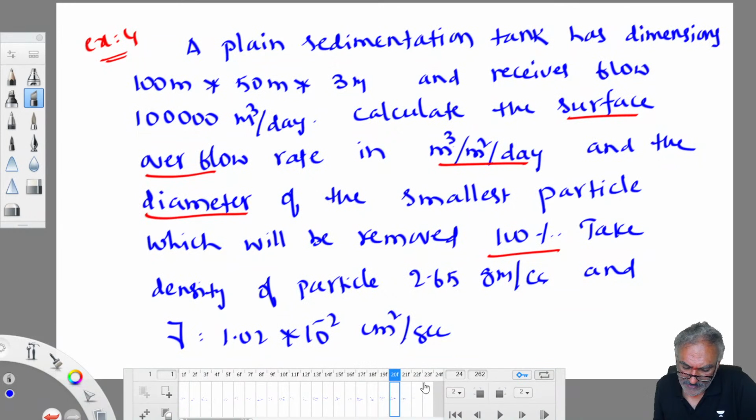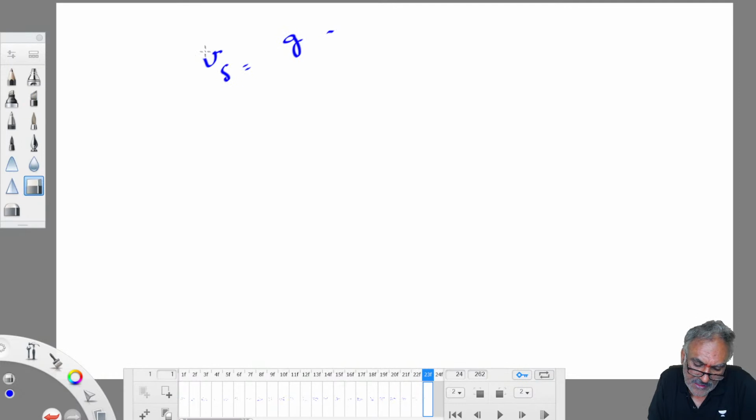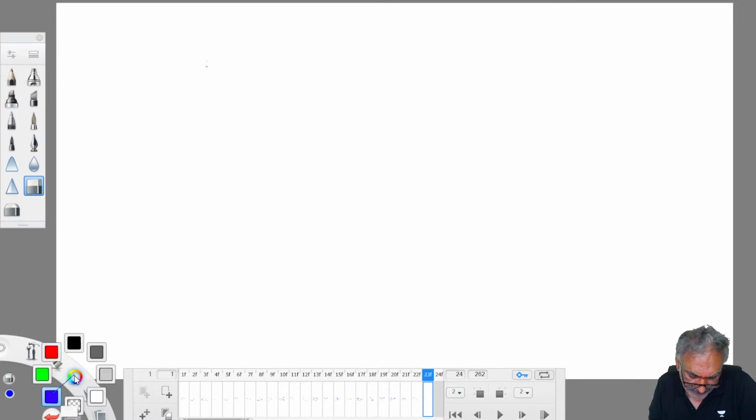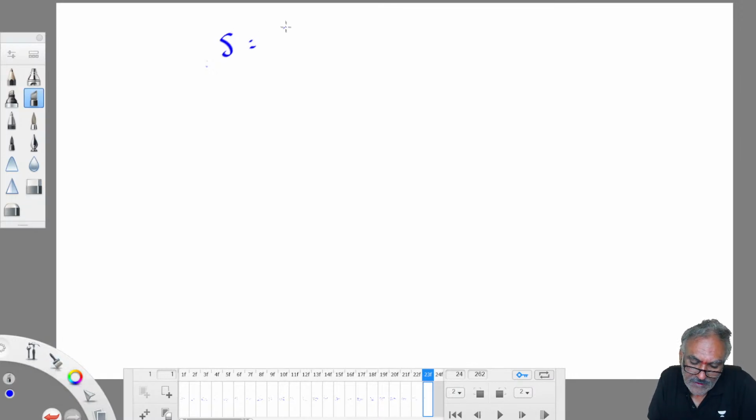Specific gravity of particle is given, density of particle is given. Specific gravity you can work out if you know density of particle: density of particle by density of water. This is given as 2.65 gram per cc by gram per cc.